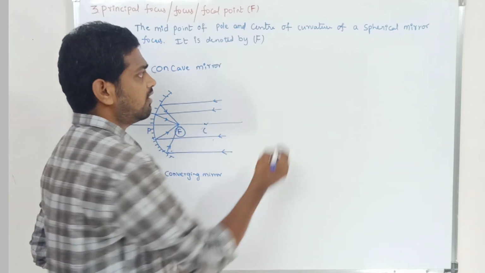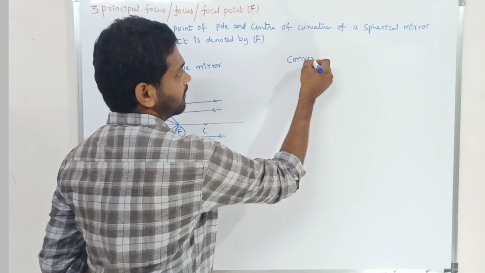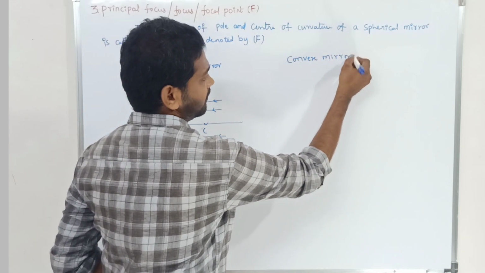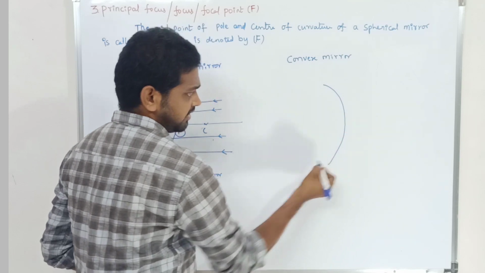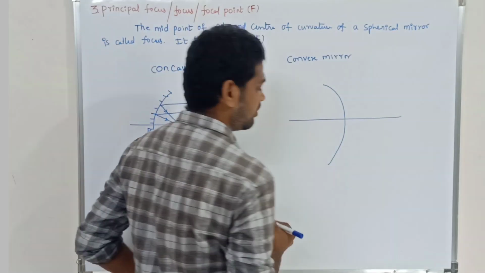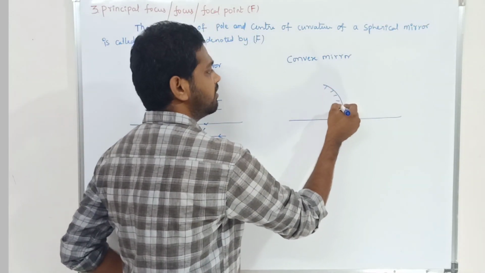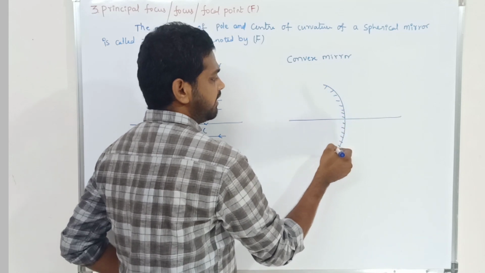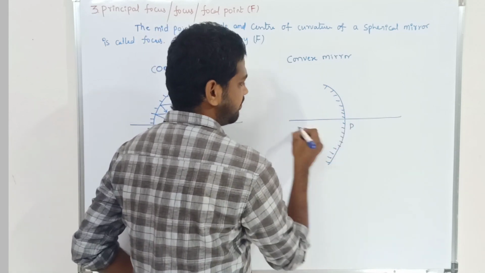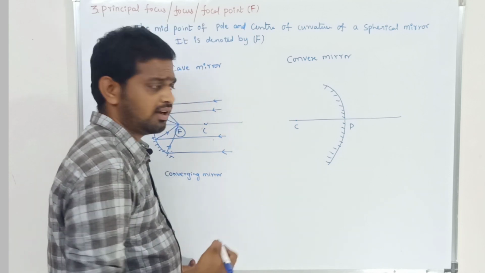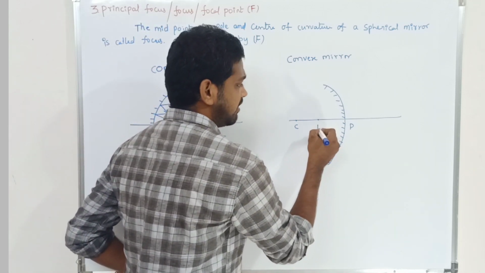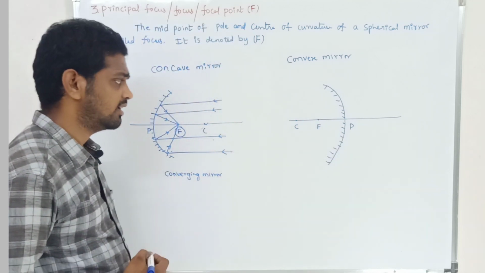And in case of the convex mirror, remember children, whenever you are drawing the concave mirror or convex mirror, don't forget to represent the shading. Clear? Here I have taken pole as well as center of curvature, and the midpoint of pole and center of curvature we call the focus.